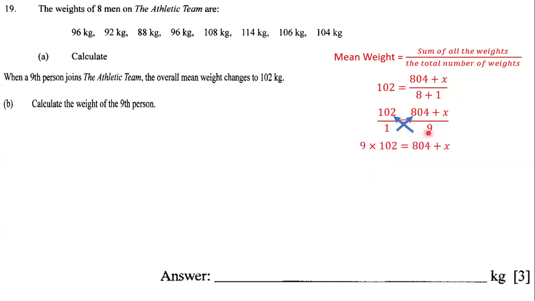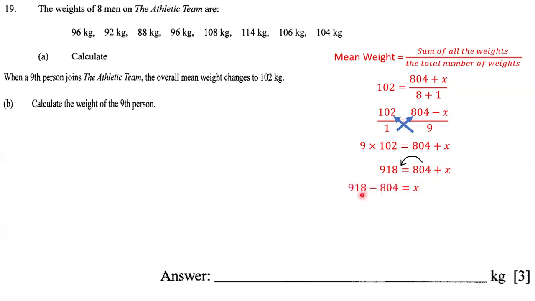Notice that we have 9 times 102. We put that on the left-hand side. And 1 times 804 plus x is 804 plus x. 9 times 102 is 918. And that's going to be equal to 804 plus x. Next, we send the 804 over the equal sign.